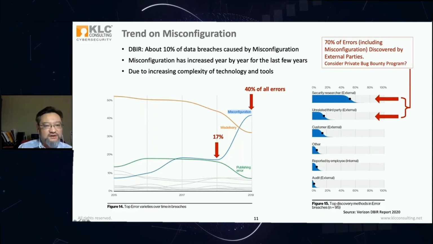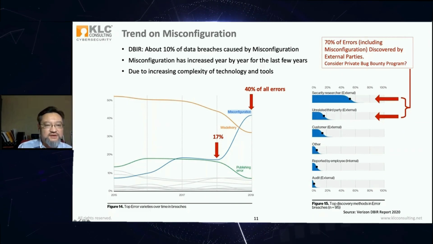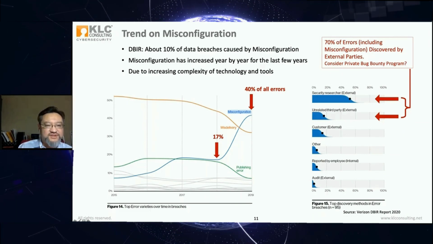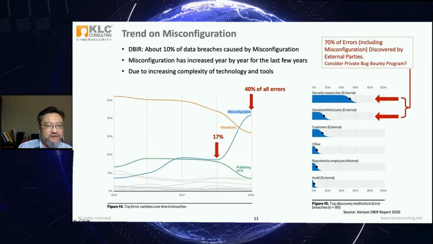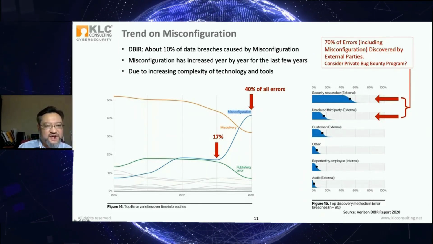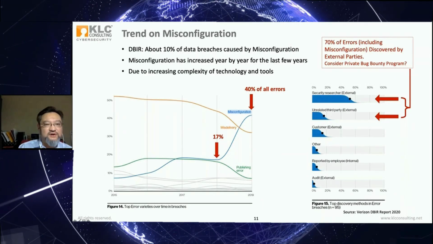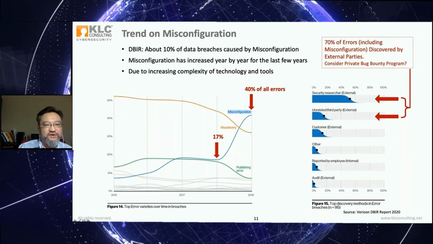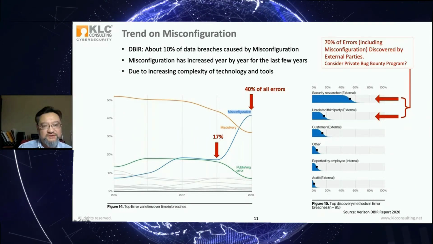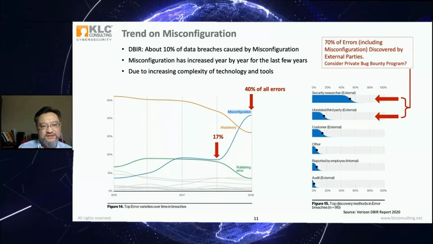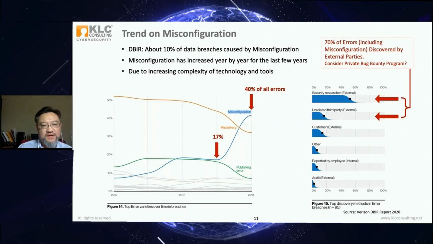If you take a look here, in last year's report, 2018, 17% of all errors were misconfiguration. In this year's 2019 report, 40% of all errors are misconfiguration. So misconfiguration more than doubled from 2018 to 2019, okay?